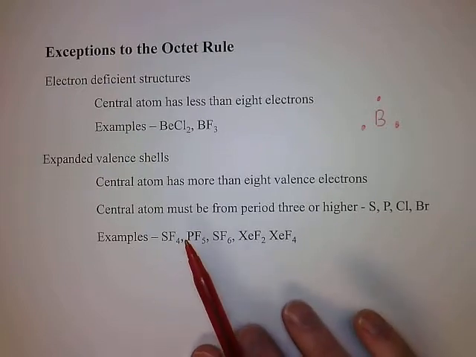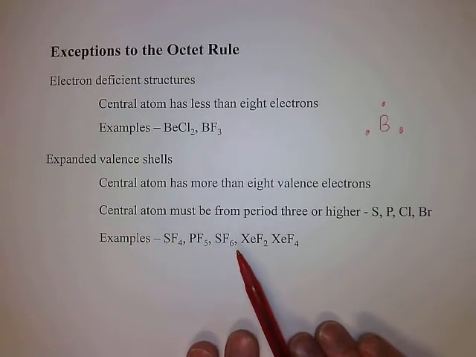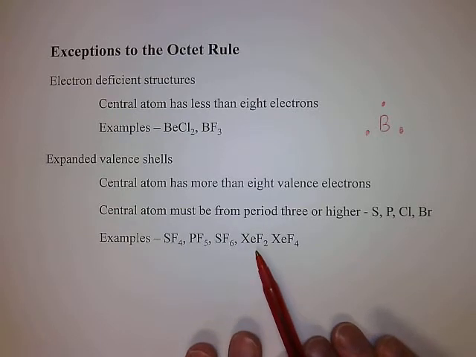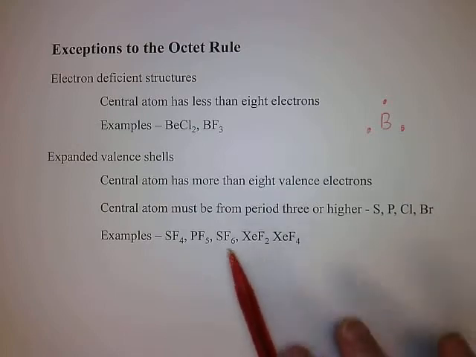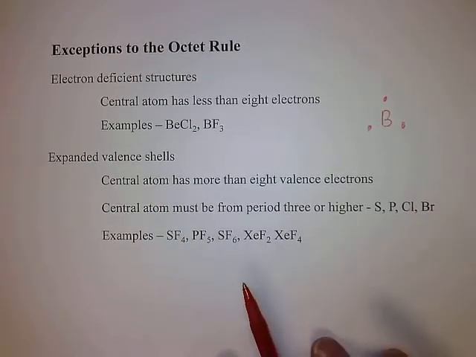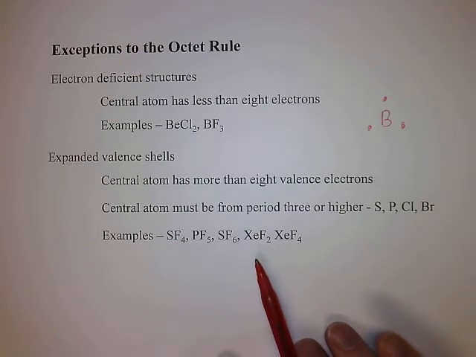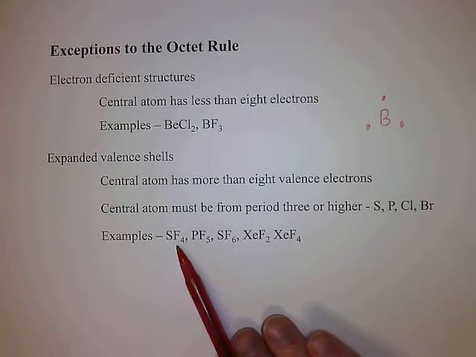Some examples: SF4, PF5, SF6, XeF2, XeF4. All these violate the octet rule and have more than 4 electron pairs around the central atom. Now some of these you ought to be able to look at the formula and tell that it violates the octet rule. Okay, SF4, not so much.